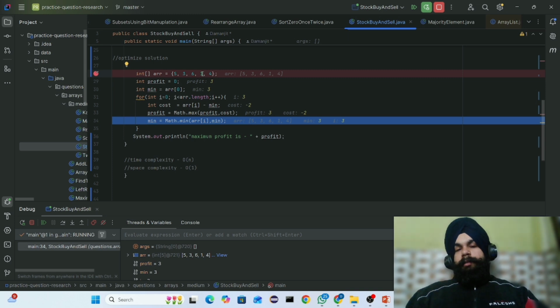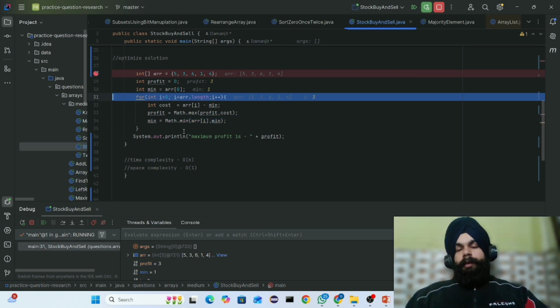It will take the minimum value from the whole array, and now let's go for the next iteration.